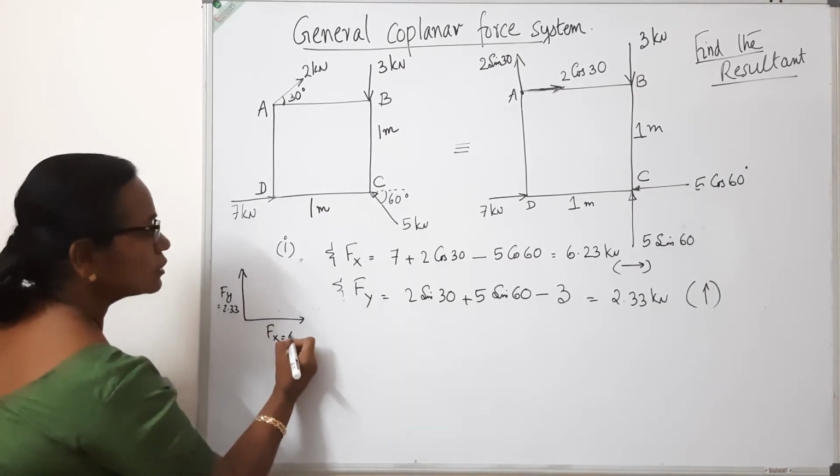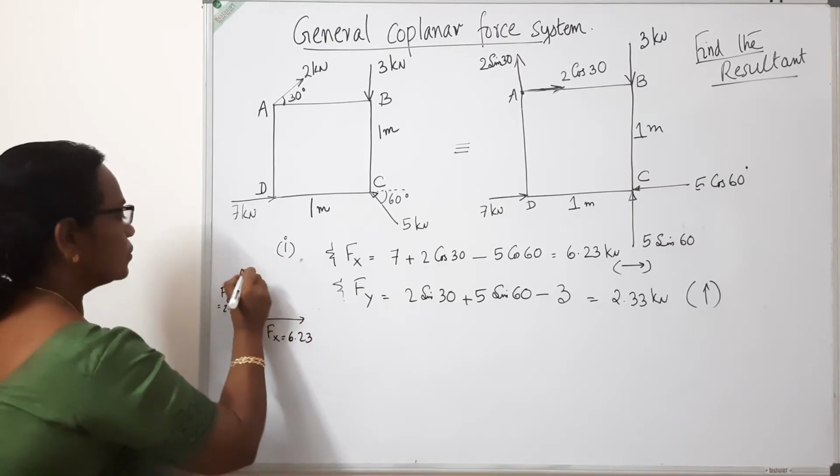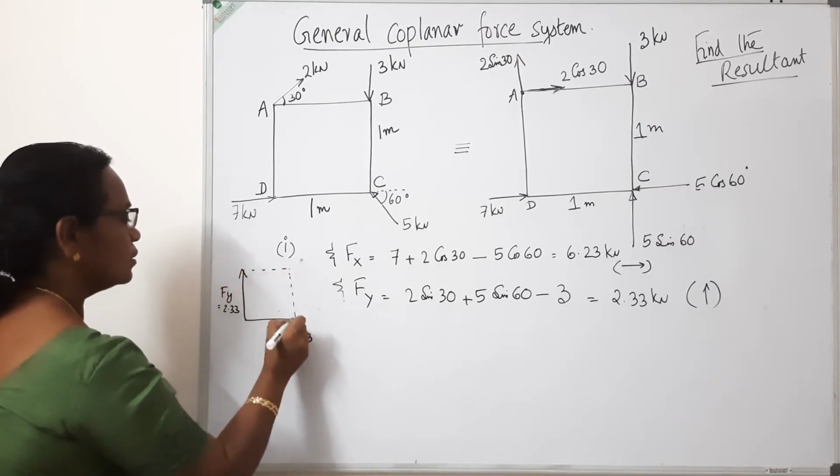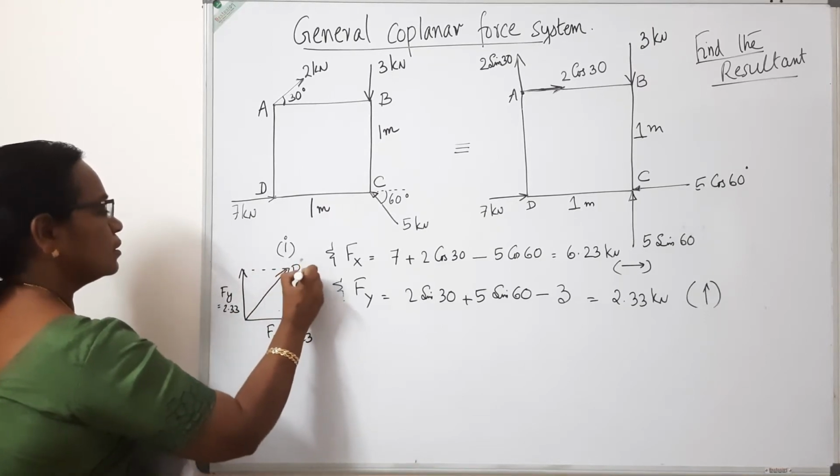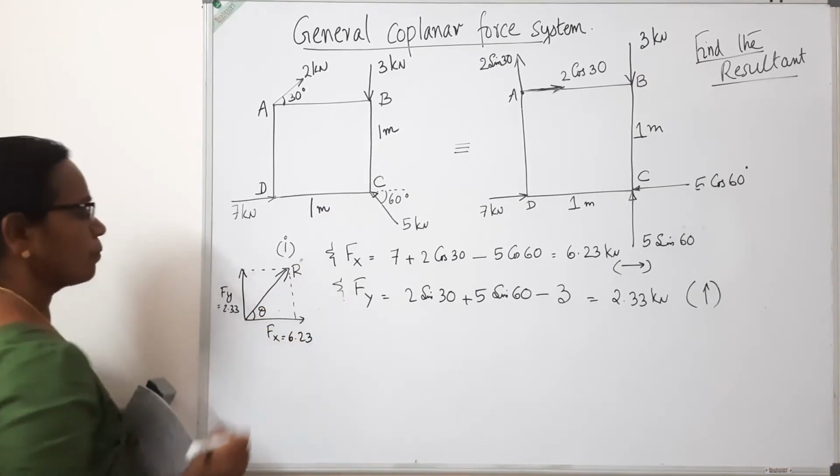Sigma Fx is 6.23. So you complete this rectangle. This will be the resultant. Say this is theta.